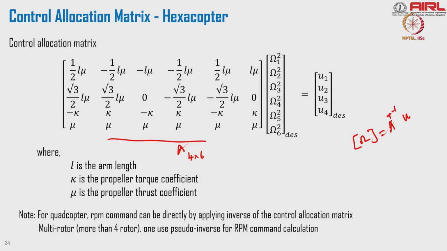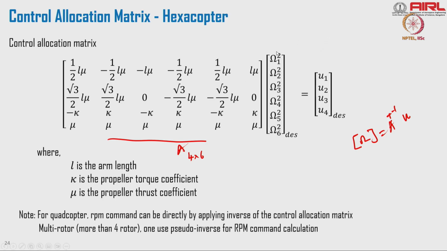In that case you have to resolve the arm into two components. So those things will come into the picture. I am not talking about all of this, it is beyond the scope of this lecture. Those who are interested have to study those aspects. We will provide additional reading material for those configurations.